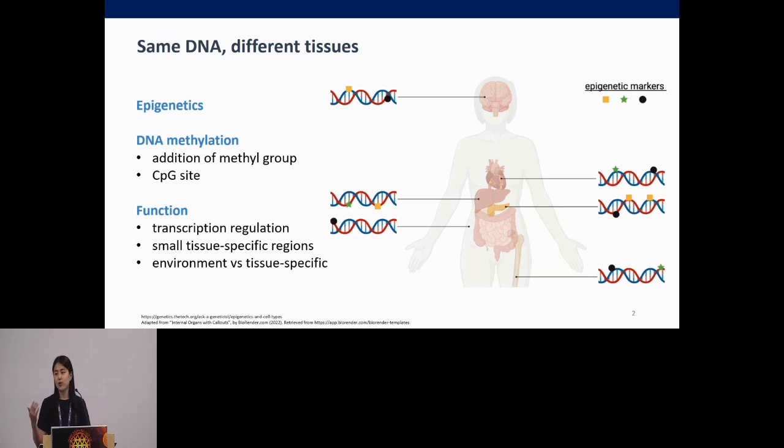But those changes could also be happening due to tissue specificity or any stable stimuli happening to that tissue. So it's an interesting difference to look at short-term stimuli like environment versus long-term stable stimuli like tissue specificity.